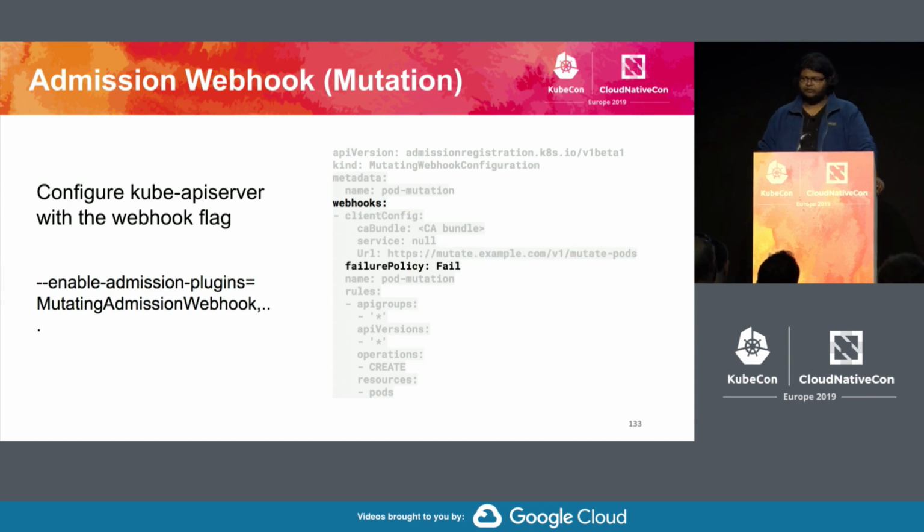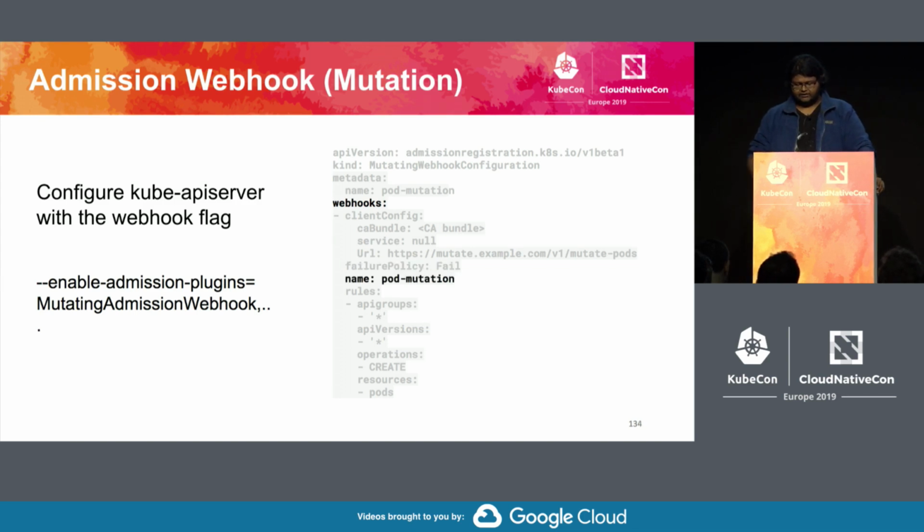And it has failurePolicy Fail. It can also be Ignore. So failure policy defines what will happen if there is an error on the server side or this webhook is not reachable. Will it fail open, or will it actually fail the request? If you set Ignore, then the request will fail open if the mutation webhook is down. If it is Fail, then if the mutation webhook is down, every pod creation request will fail based on the policy.